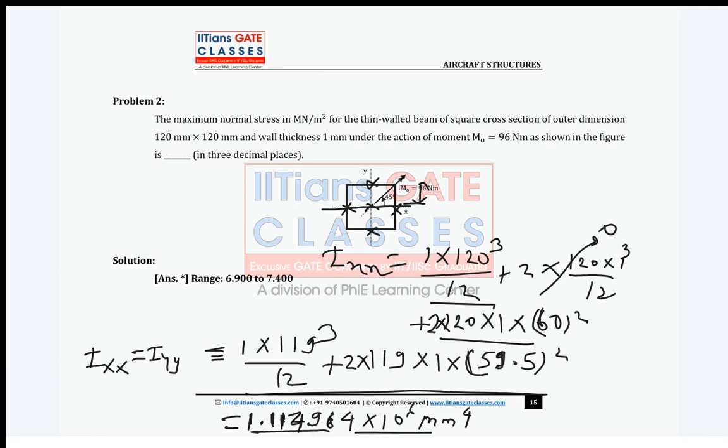Check out the calculation and tell me how much sigma value we are getting using thin wall. What is the answer, guys?